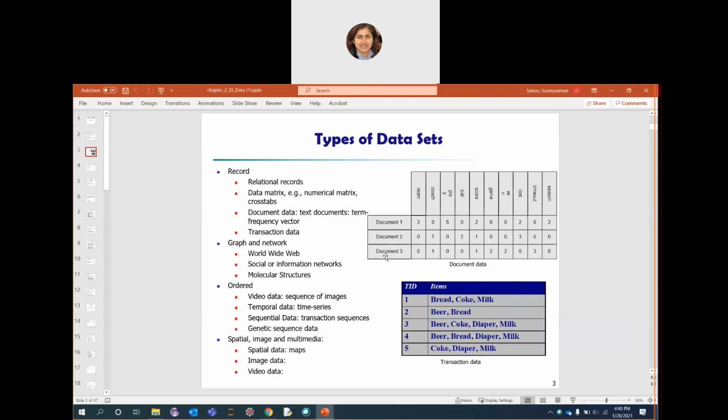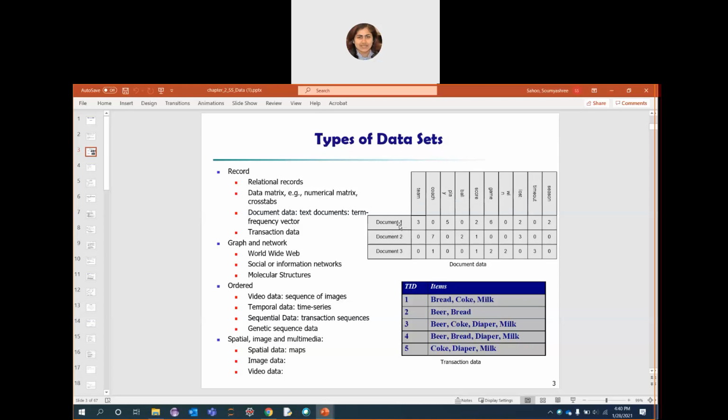A document data actually looks like this. We will be using this type of example in this chapter for learning a specific concept. Here the document data looks like this, where you have 3 documents and each document has specific attributes in it. So the document has 10 attributes in it.